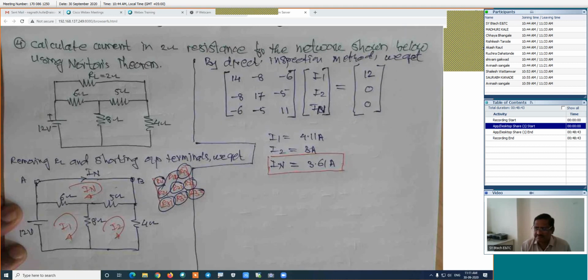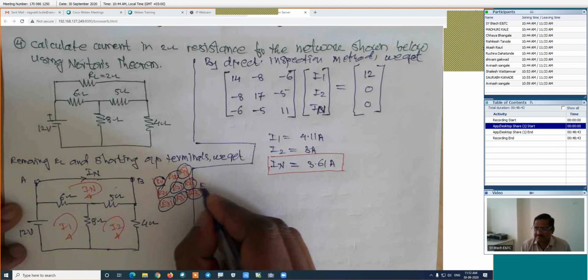But in case of the Norton theorem, that branch may get zero resistance every time. That's why, try to use the mesh analysis or direct inspection method while calculating the current. Otherwise, use any method, but check first that it will not lead to wrong calculations. That care you have to take.